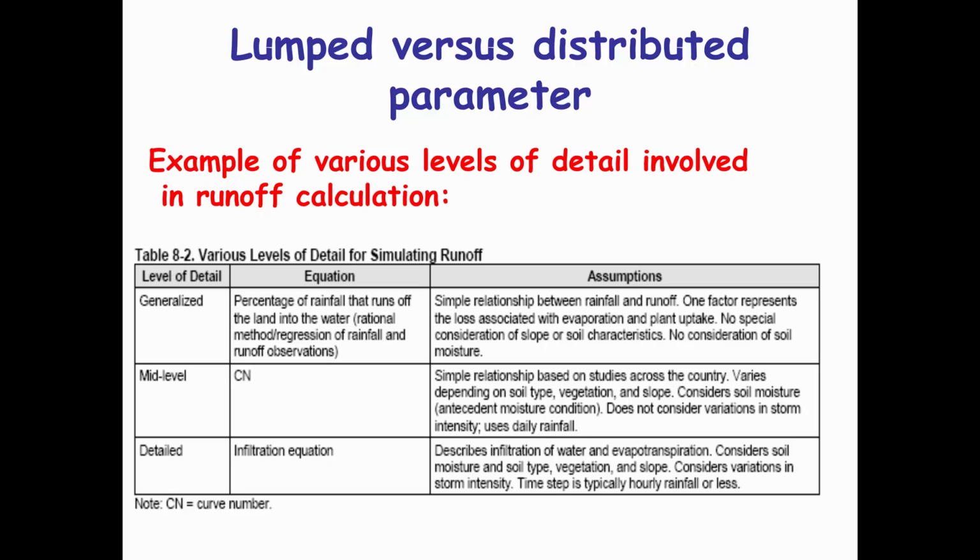The second level of detail might be what we call the mid-level, where you could use something like a curve number to represent the runoff from a particular soil type or soil series. The soils for the whole United States have been classified into soil series, and a certain soil series would have a curve number associated with it.